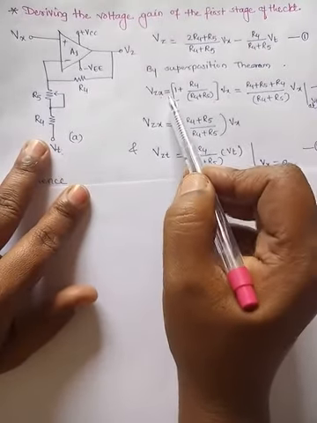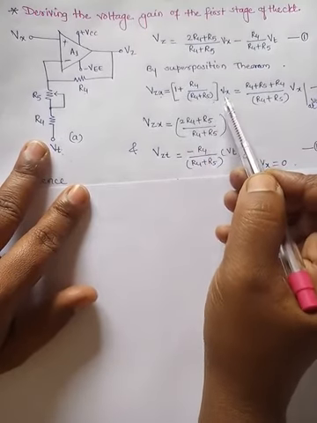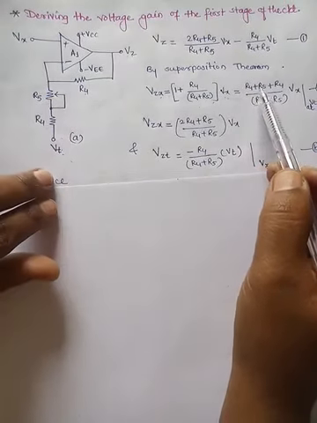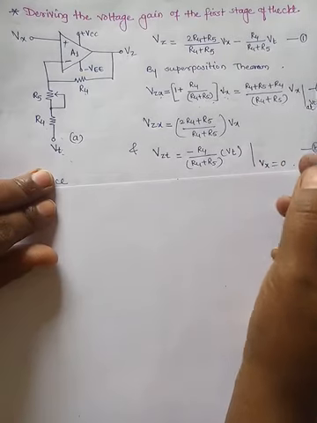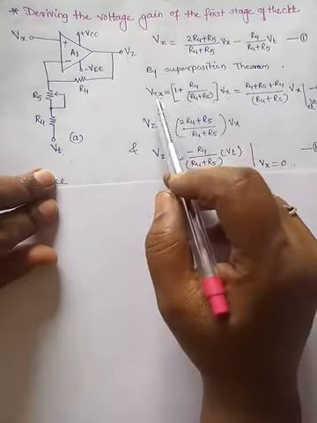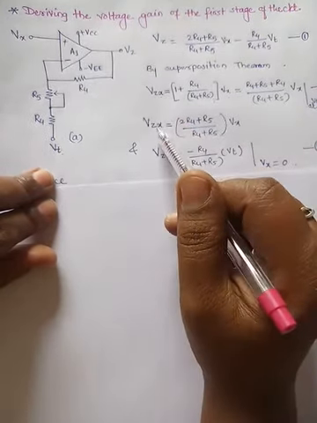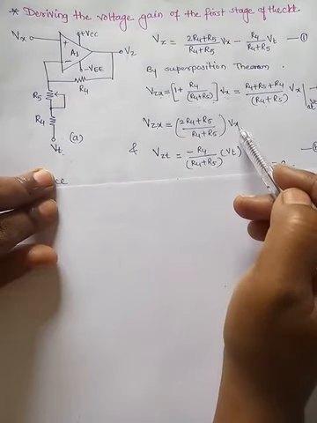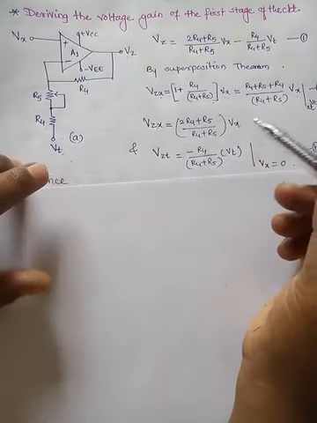So Vzx is equal to 1 plus R4 divided by R4 plus R5, into the input voltage Vx. After solving, it is R4 plus R5 plus R4 divided by R4 plus R5, into Vx. The condition is Vt equal to 0. So the output Vz because of x is twice R4 plus R5 by R4 plus R5 into Vx, since R4 plus R4 gives twice R4.